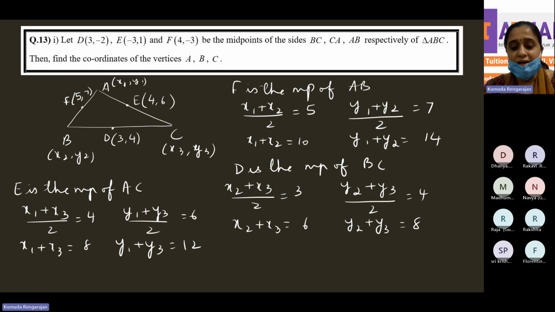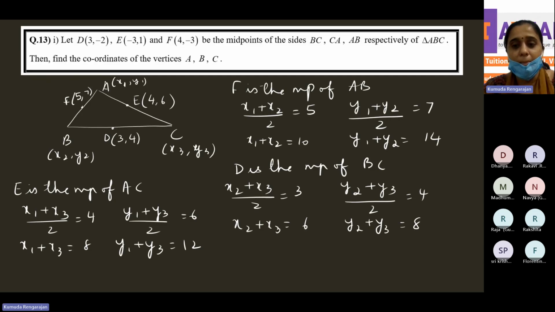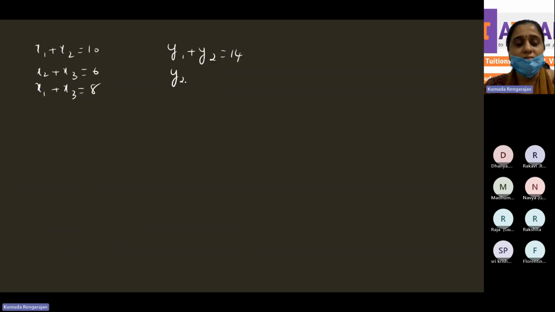Then we have x2 plus x3 is 6, and then x1 plus x3 is 8. Also, we have y1 plus y2 is 14, y2 plus y3 is 8, and y1 plus y3 is 12. Okay, now add these equations.